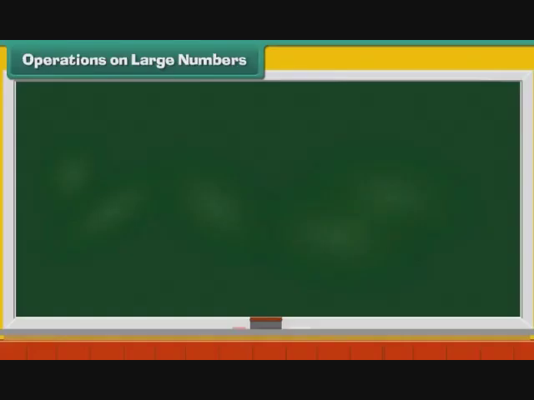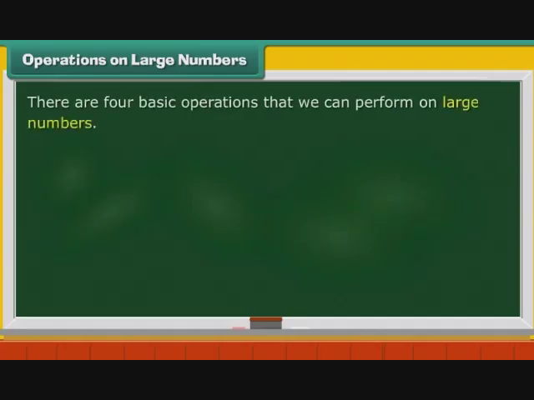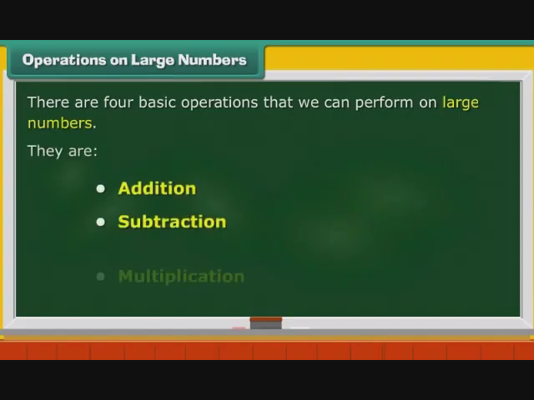Operations on large numbers. There are 4 basic operations that we can perform on large numbers. They are addition, subtraction, multiplication, and division. Let us look at them one by one in detail. Addition.